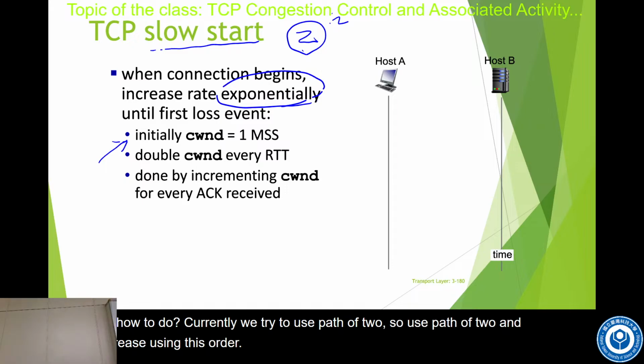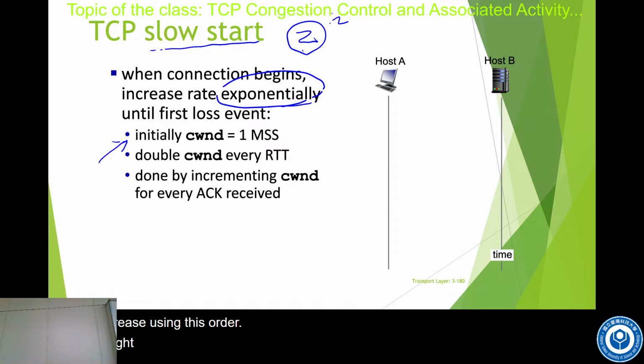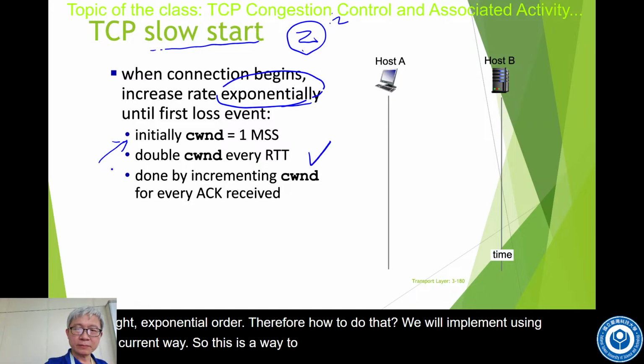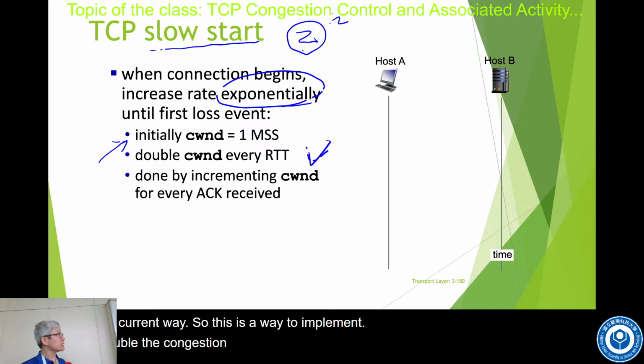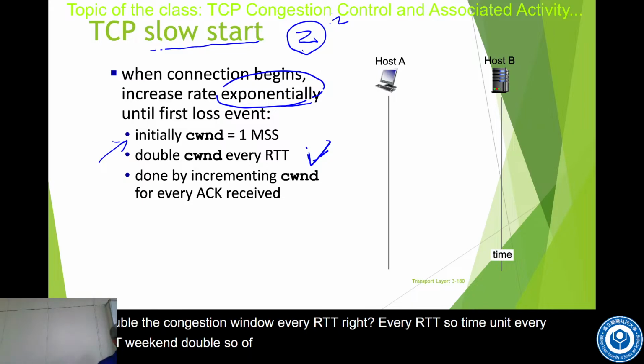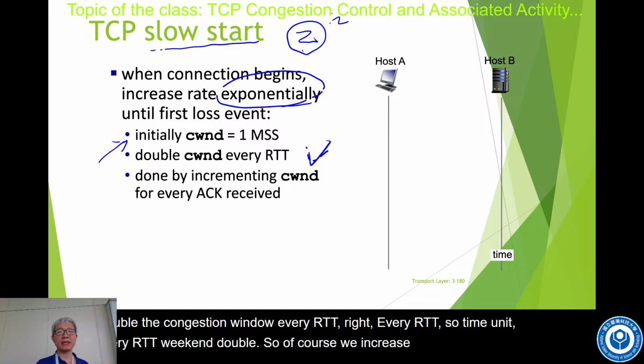Exponential order. Therefore, how to implement that? Double the congestion window every RTT. So every RTT time unit, we can double. Of course, we increase in an exponential manner with the base of 2.